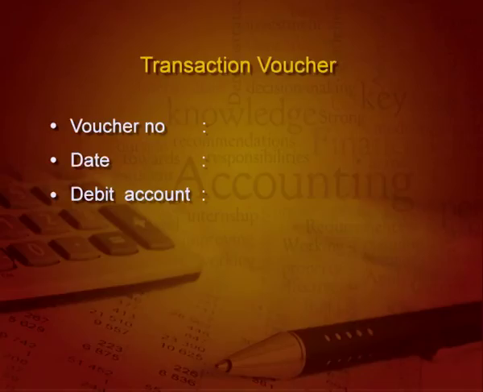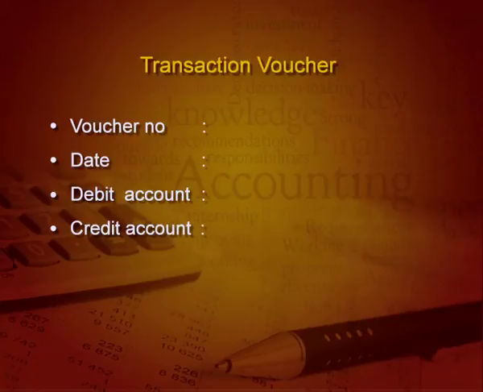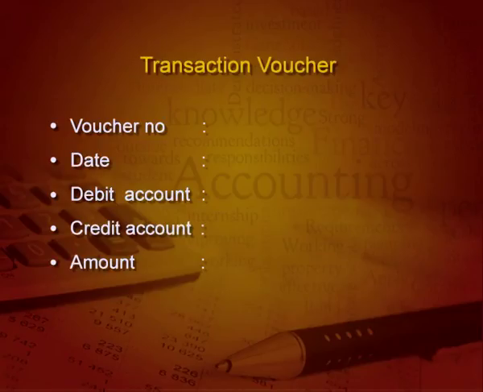In this case, we write the voucher number first and then the date, then we write the debit account, that is the account which has to be debited, and then the amount in the credit account which has to be credited, and then we write the amount in figures and words.